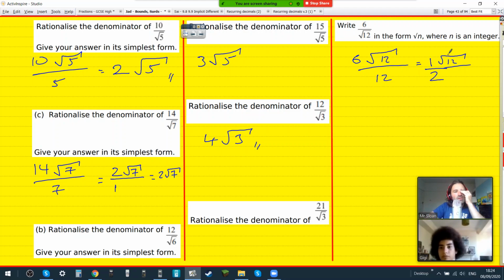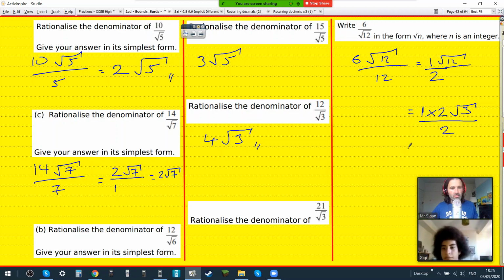What is root 12? Root 12 is 2 root 3. Yep. So it'll be 1 over 2, 2 root 3.